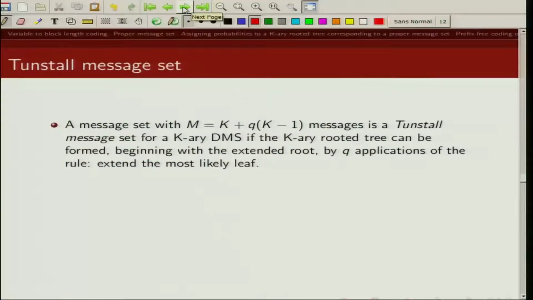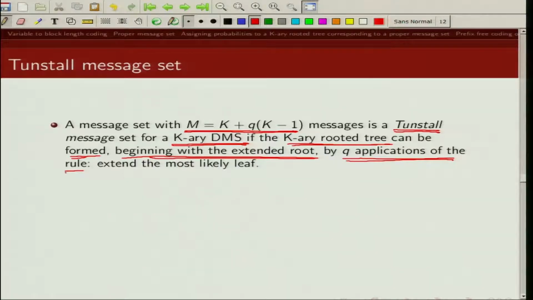So the Tunstall message set is a class of proper message set which will always maximize expected value of Y. A message set with so many messages is a Tunstall message set for a K-ary discrete memoryless source if the K-ary rooted tree can be formed beginning from the extended root by Q applications of the following rule: extend the most likely leaf.